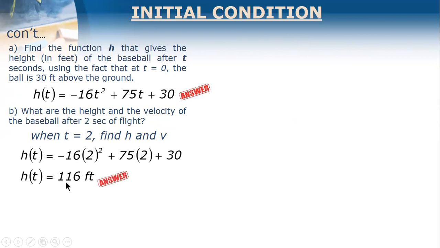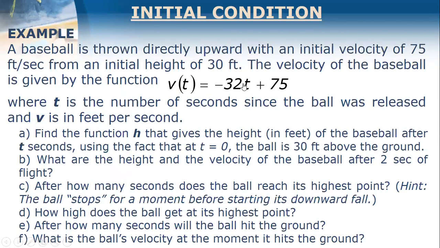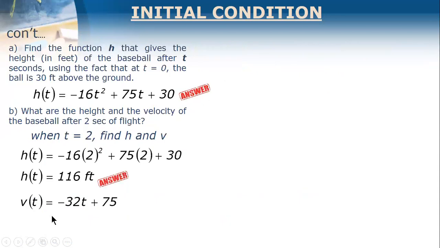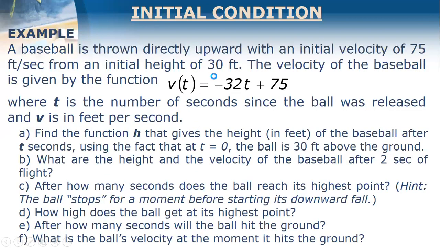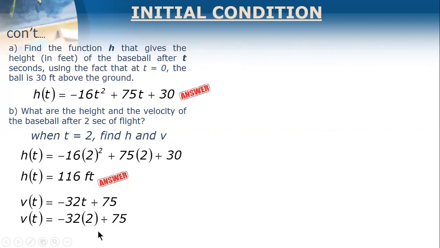And the answer is 116 feet. And for v, this is our expression of v: negative 32t plus 75. Substitute t equal to 2 and our velocity is 11 feet per second.